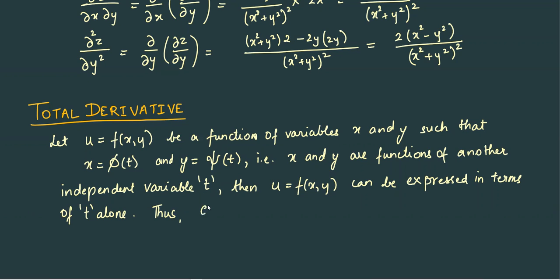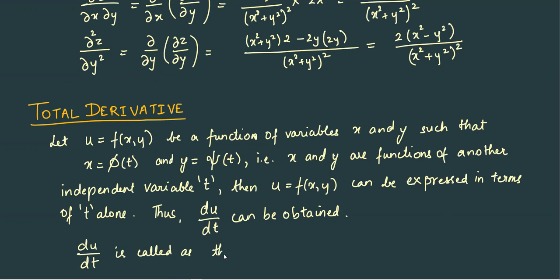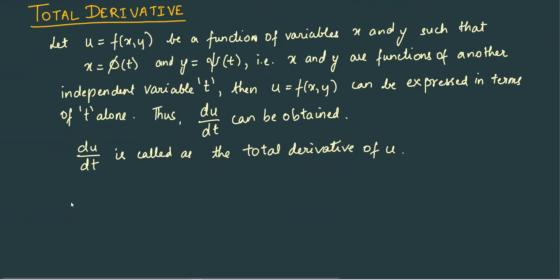Thus du upon dt can be obtained. du by dt is called the total derivative of u, and this total derivative can be shown like this.